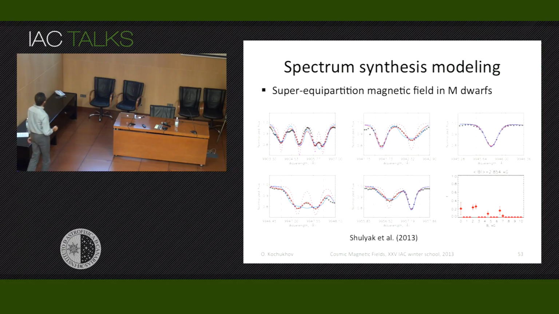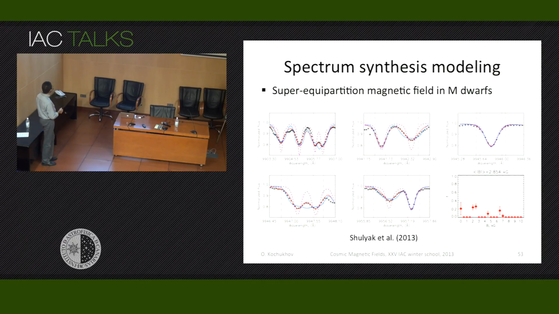There have been efforts to analyze iron hydride spectral lines with better models, with spectrum synthesis models and real model atmospheres of the stars. In particular, this is a paper currently almost accepted.